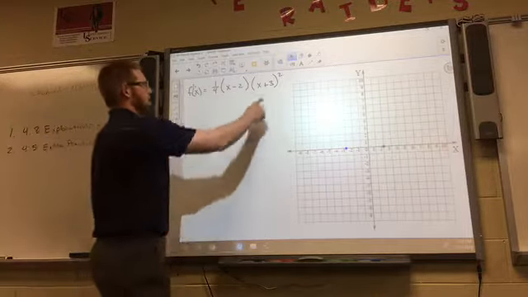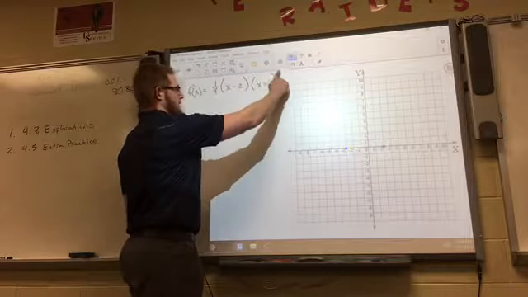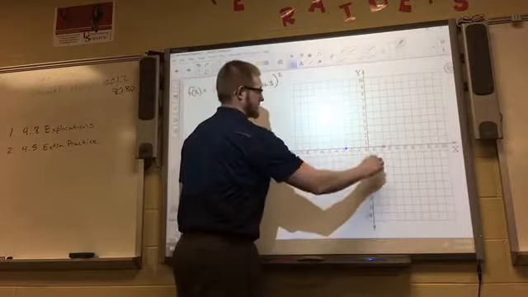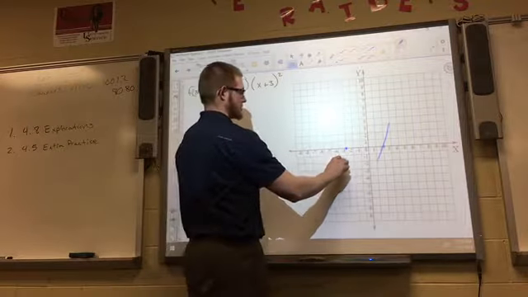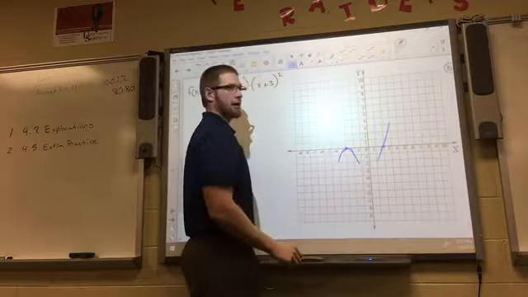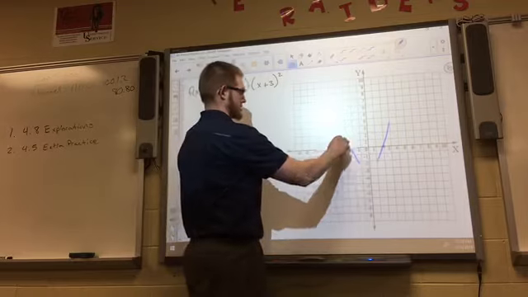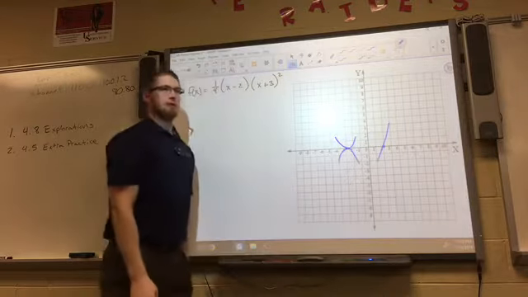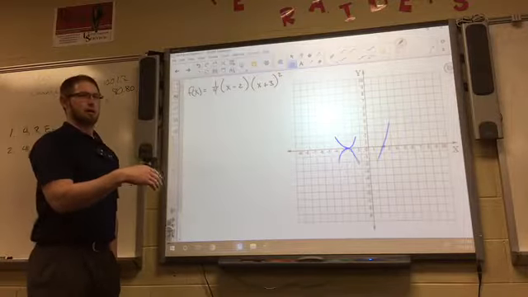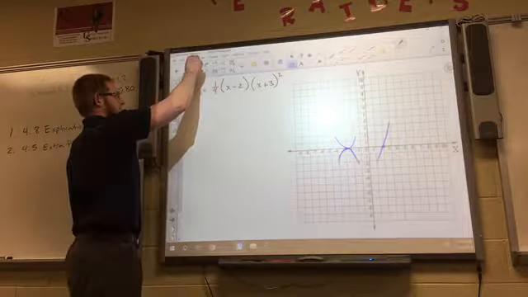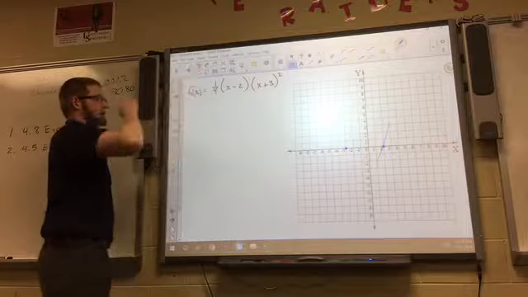So anytime you see something squared, that means instead of crossing, like it's going to over here, it's going to just touch and go back. Now, we don't know which direction. It could be like this, but I know that it's not actually going to cross the x-axis there. It's going to touch it and then go back in the opposite direction. So just keep that in mind.